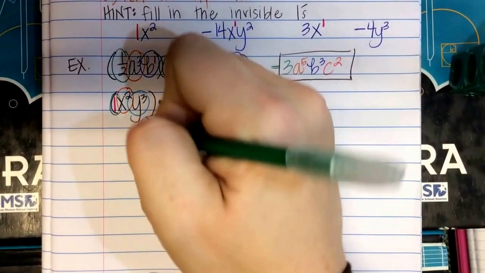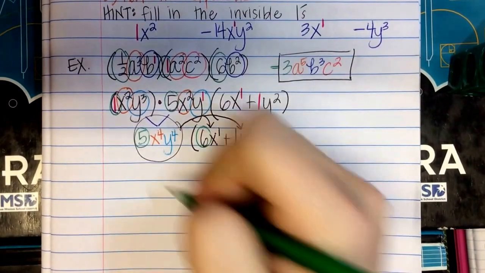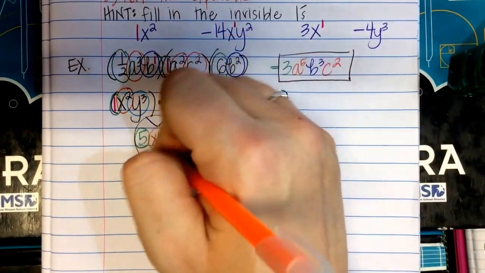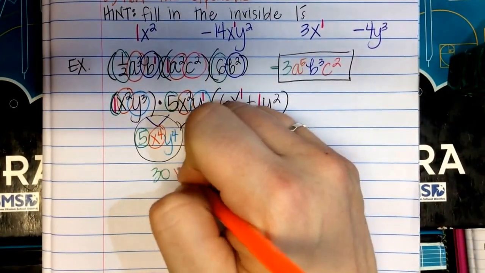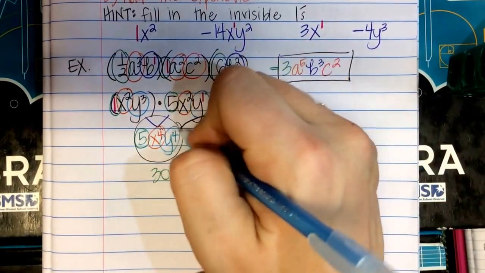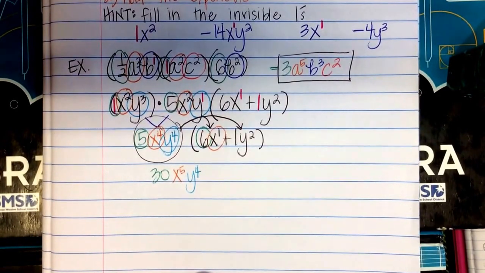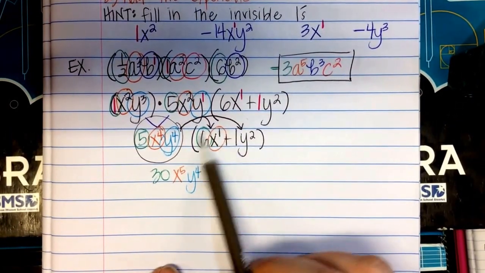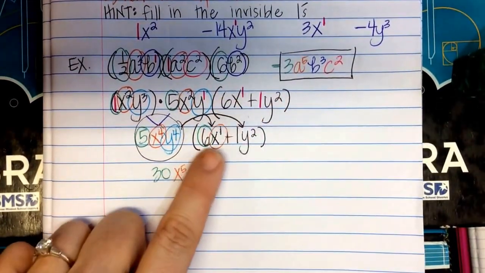Let's do it again. 5 times 6 is 30. X to the fourth times x to the first, x to the fifth, and y to the fourth, right? Because there's no y to be combined with right here. There's a plus sign.